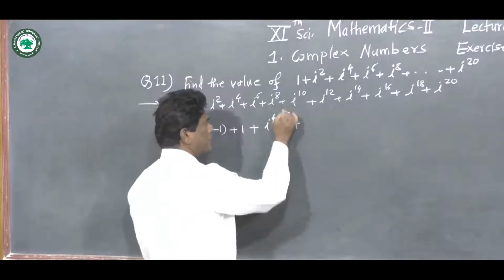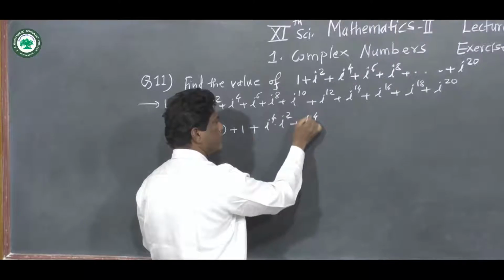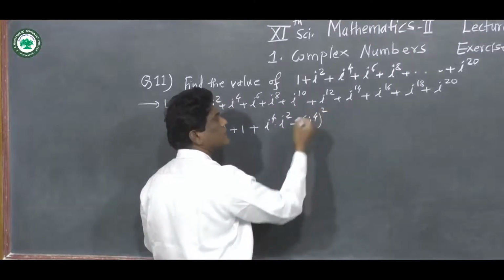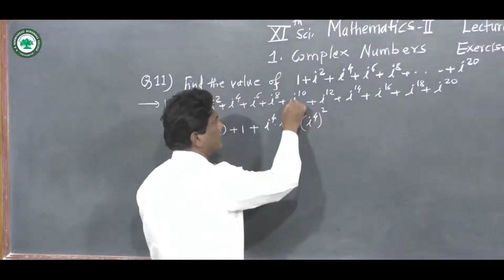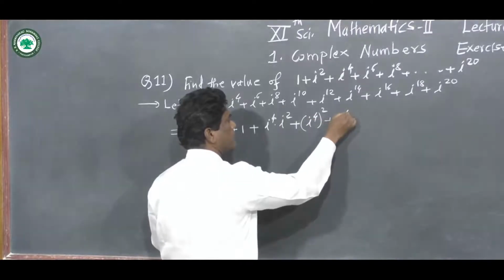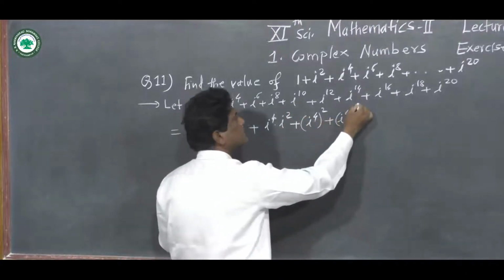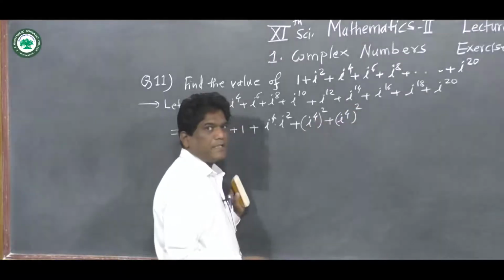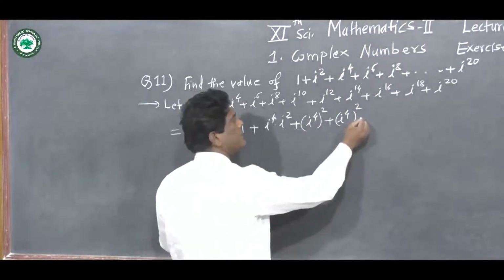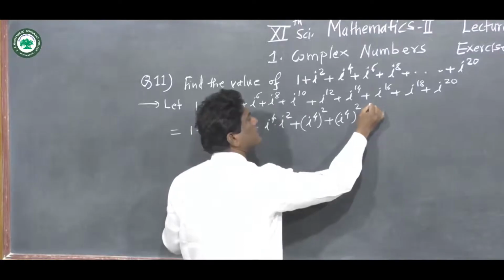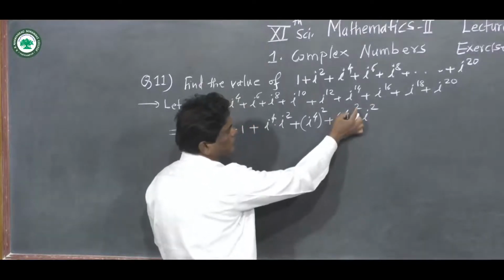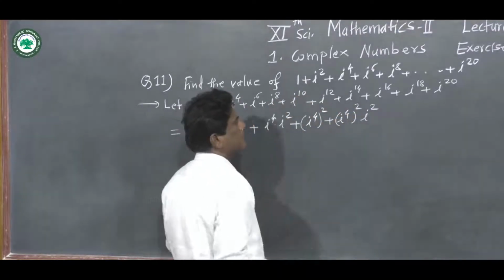Then i to the power 8, we write as i to the power 4 to the power 2, 4 times 2 is 8. Now i to the power 10: divide 10 by 4, 4 times 2 is 8, and the remainder is 2. So write that as a separate power of i, that is i squared. So 4 times 2 plus 2 is 10.